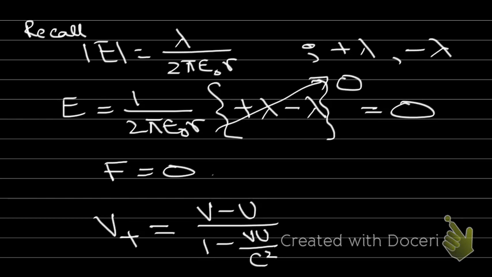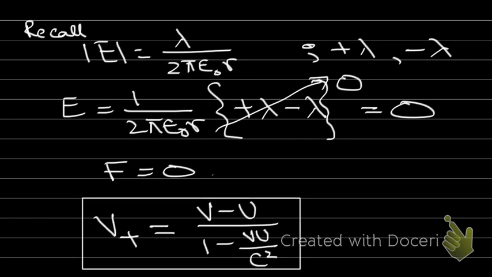So I have written this using Einstein's addition rule for the velocities. And here again let me mention that V subscript plus is just the velocity of the charges that are moving towards the right hand side, right?